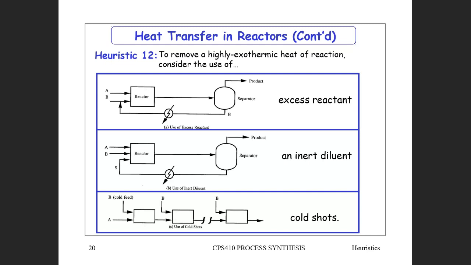You can use excess reactant, and therefore you'd have to return the reactant, or an inert diluent, and that could be, for instance, water, and you could return the water. And cold shots, where you keep on adding them throughout the length of the reactor. It could be separate adiabatic reactors, but those sections are adiabatic, and those are for highly exothermic heats of reaction.